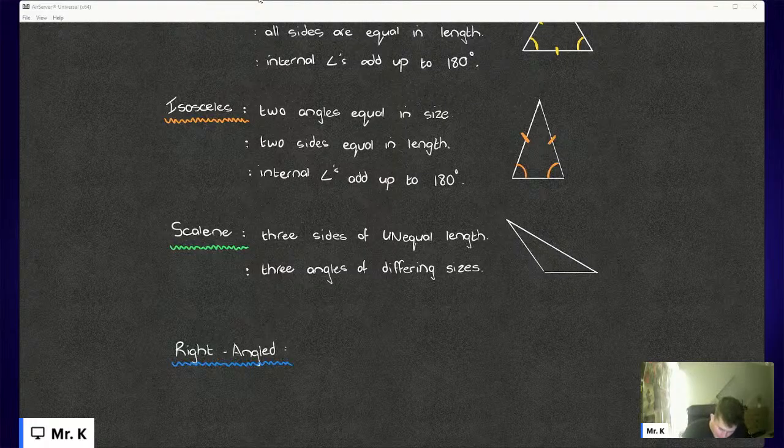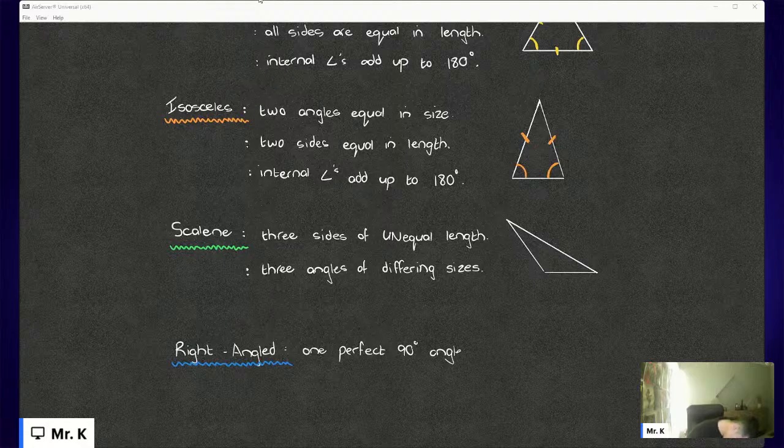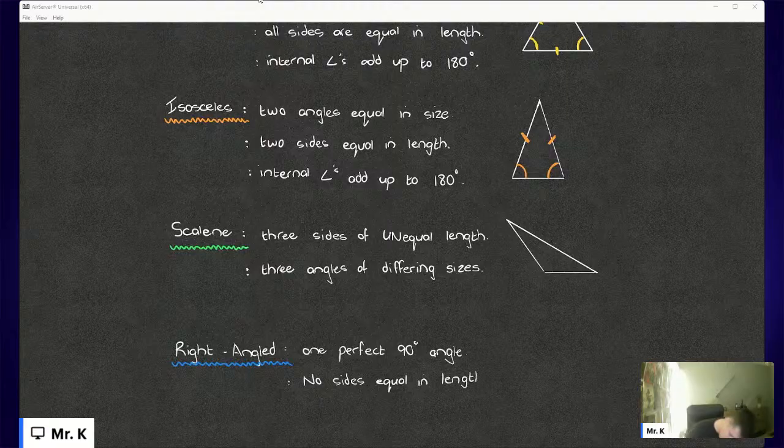So, what's unique about our right angled triangles? First, there is one perfect 90-degree angle. Right, it is true that there will be no sides equal in length, and there are no angles equal either.